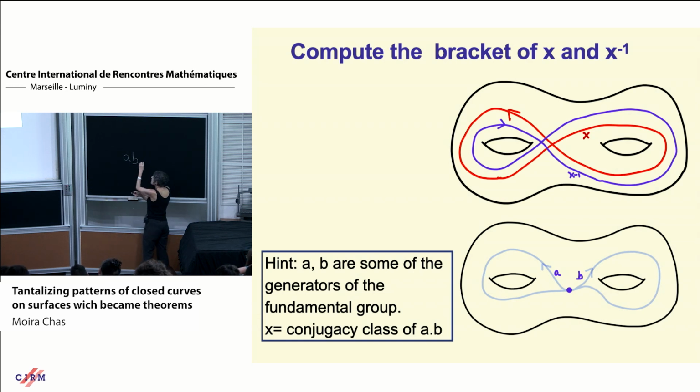Sorry, did I do it right? This is A and B. Is it a capital B? Yes, it's a capital B, right. Okay, good.